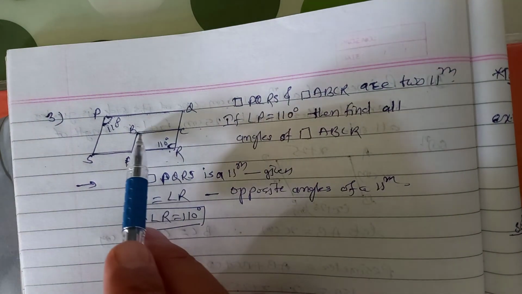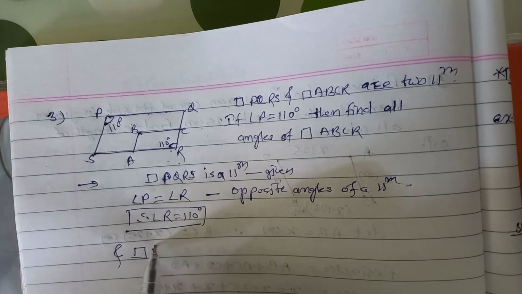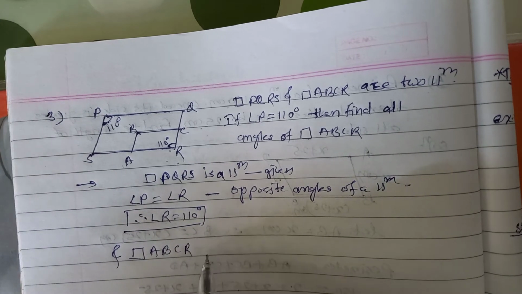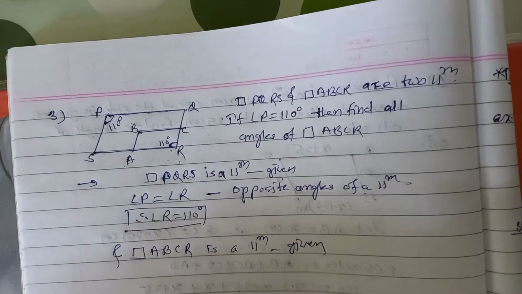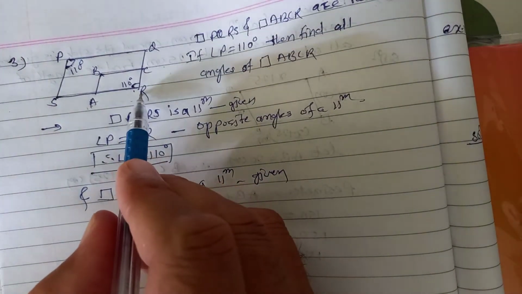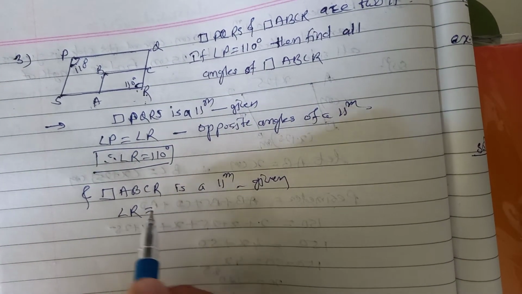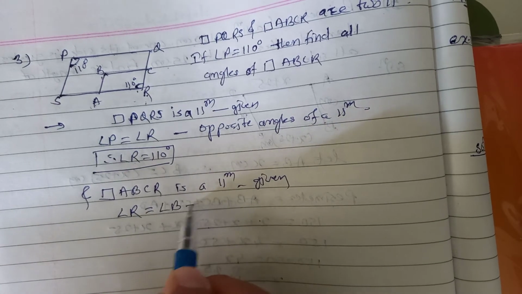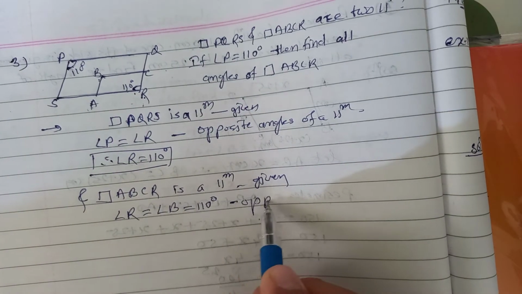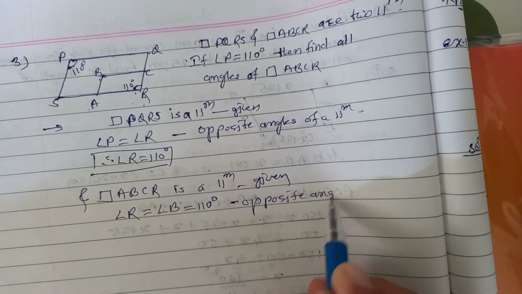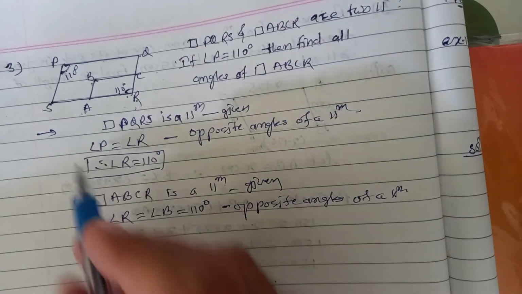So we know quadrilateral ABCR is also a parallelogram. This is also given. Okay, so if R is 110, what about B? This is also opposite now. R is equal to B is equal to 110 degrees. Reason? Opposite angles of a parallelogram. Okay, so two angles we found.